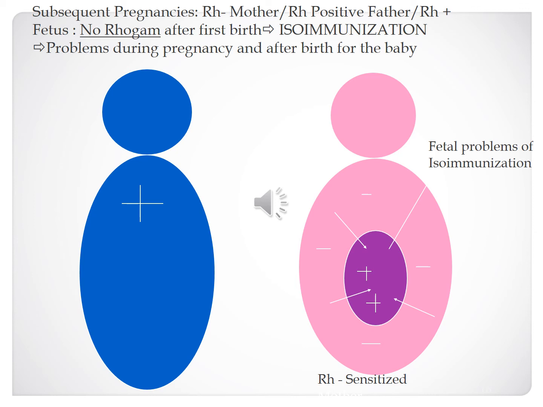So there are antibodies in the maternal blood already that are now going to start attacking fetal red blood cells if they're Rh positive. Because remember, the mom's blood is transferring to the fetus. And so that blood contains antibodies that will attack that antigen D, which is Rh positive blood.